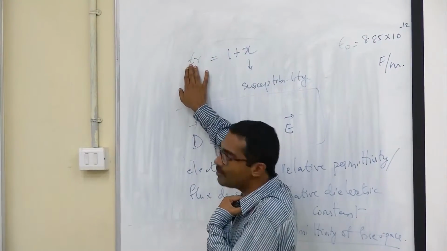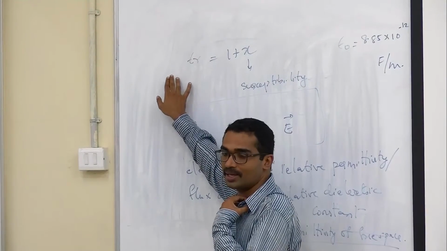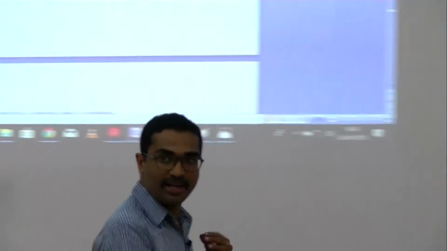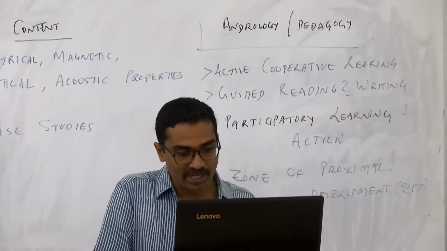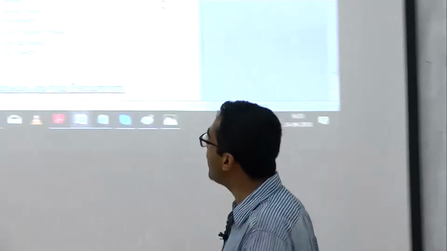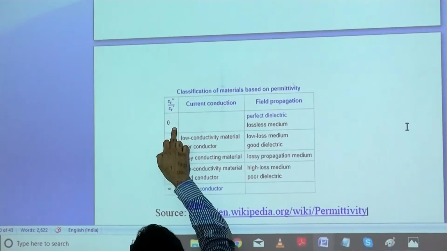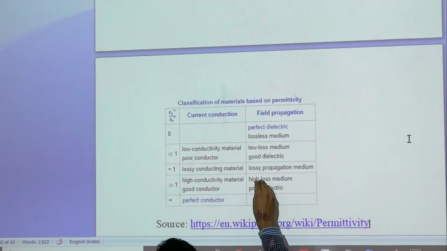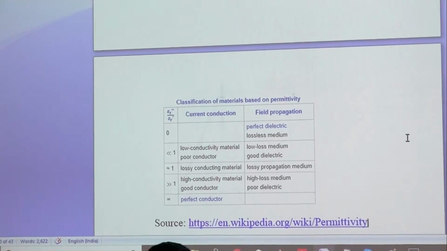That means there can be a real part and an imaginary part. So I can actually define a ratio epsilon double prime divided by epsilon prime. Based on the ratios, I can define the material as either a lossy material or a lossless material, a good dielectric, and so on.